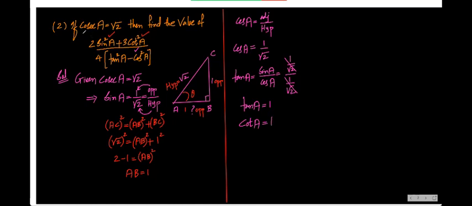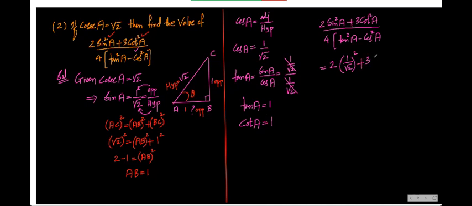After getting all the values, we simply substitute. We can easily find the value of 2 sin square A plus 3 cot square A, divided by 4 times tan square A minus cos square A. Now substitute the values. 2 as it is, sin square A, where sin A value is 1 by root 2, made a square, plus 3 into cot square A, where cot value is already 1, so square it.